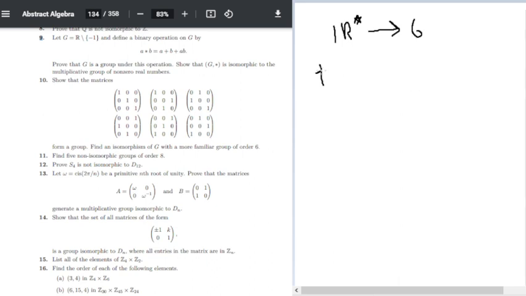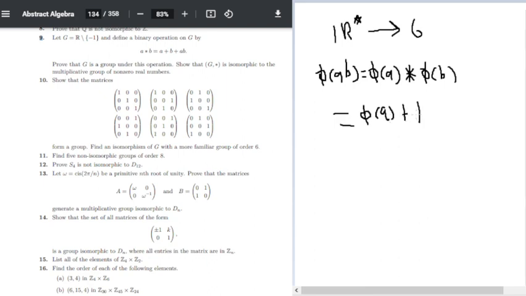So that would imply that if we had such a function, phi of a b equals phi of a star phi of b, which is equal to phi of a plus phi of b plus phi of a phi of b.